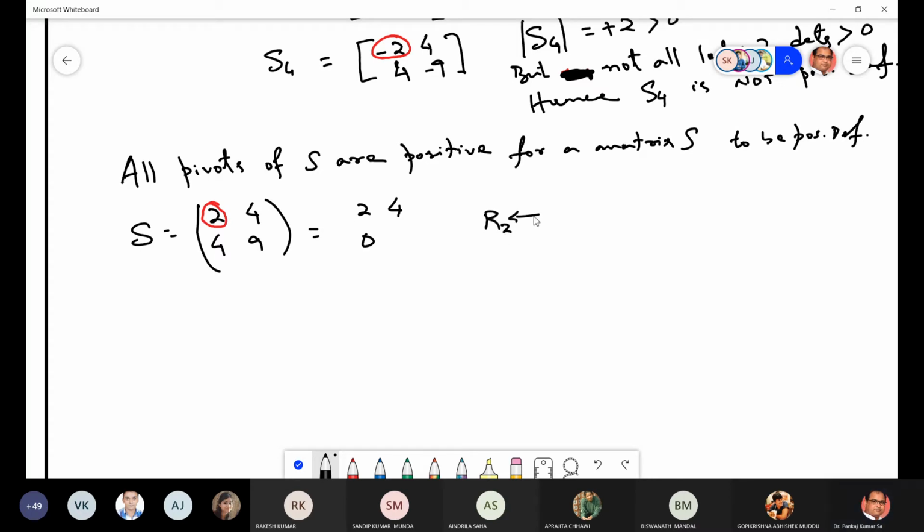R2 is equal to R2 plus minus 2 times R1. 4 into minus 2 is minus 8. 9 minus 8 is equal to 1. So this is our second pivot element, which is also positive.